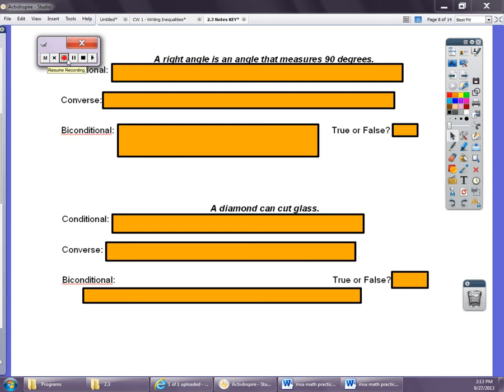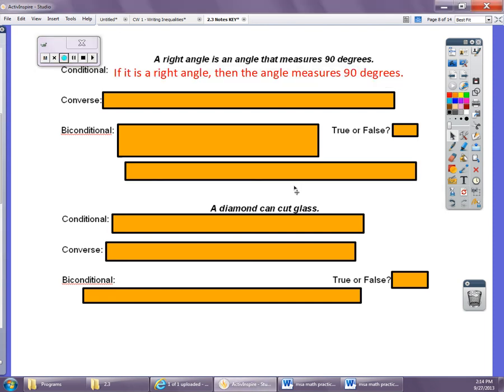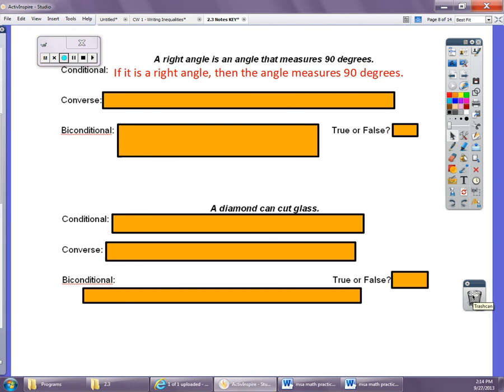Alright, now I want you to try to answer these two questions. When you're done, pause it, answer the two questions. When you're done, start it over, and we'll go over the answers. Okay, so hopefully you have your answers here. First one says a right angle is an angle that measures 90 degrees. The conditional statement should be, if it's a right angle, then the angle measures 90 degrees.